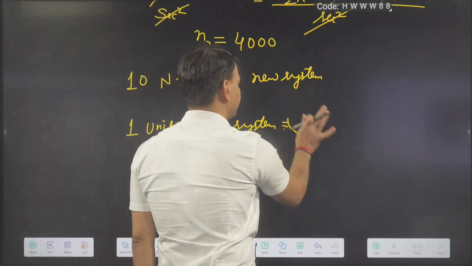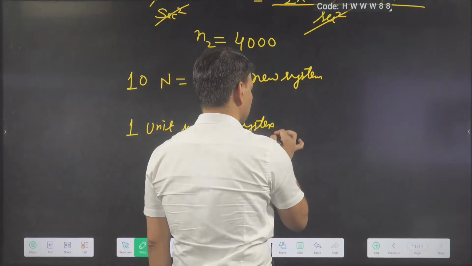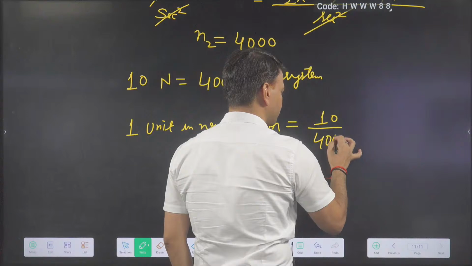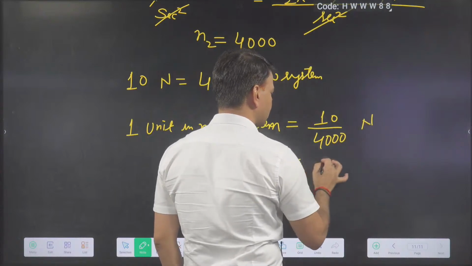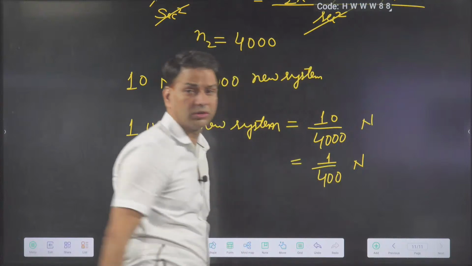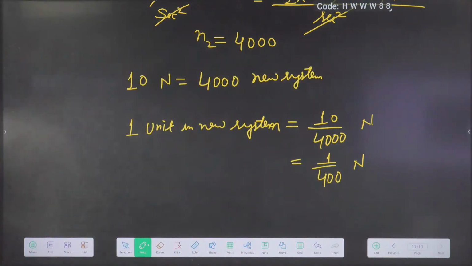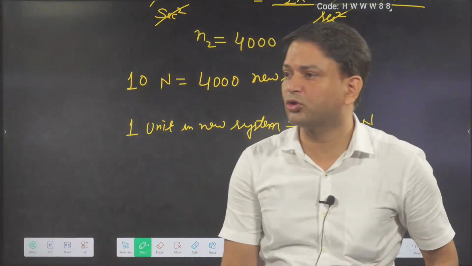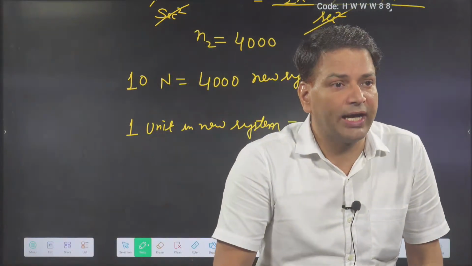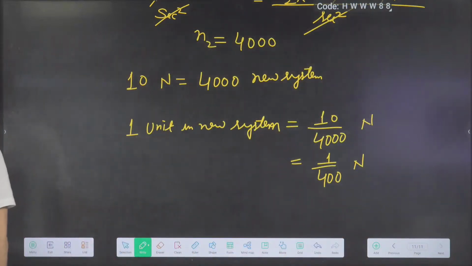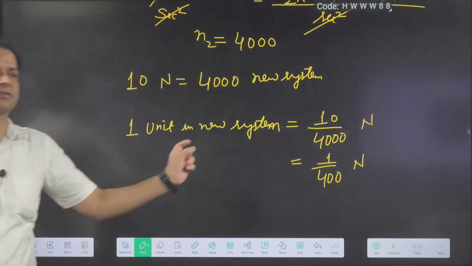So what will I get? 10 by 4000 Newton, or I can say 1 by 400 Newton. So in that system, if I have 1 unit of force, how much force can I write in Newton? I can write 1 by 400 Newton. Everybody got it or not? That's why I write this relation.